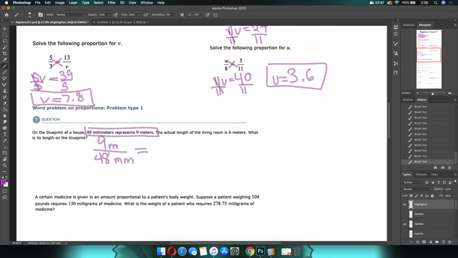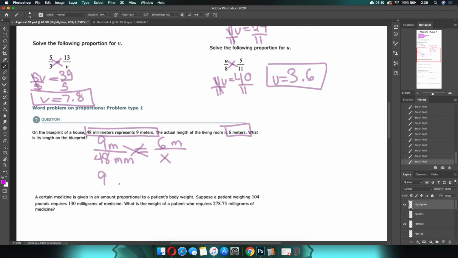I like to begin, when I'm first getting used to this, by putting in my units of measure so that when I'm matching my second fraction, I know where it goes. So this next piece is 6 meters. Do I match it to the millimeters or do I match it to the meters? The key phrase is that you match it, so it's to your meters, and then there's your unknown. Now we can cross multiply.